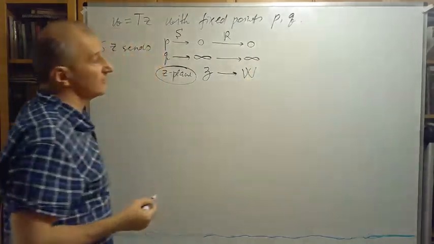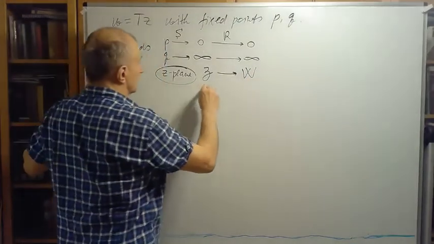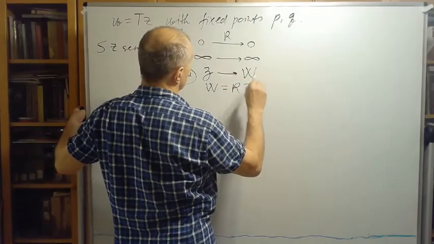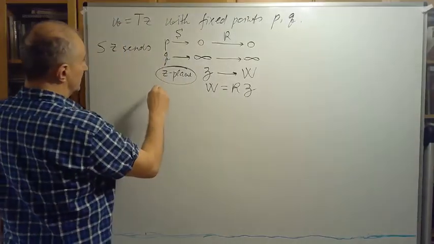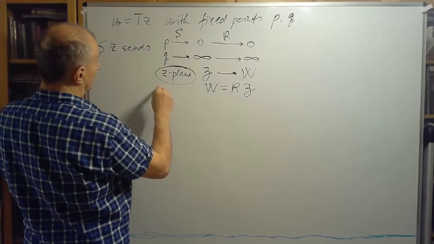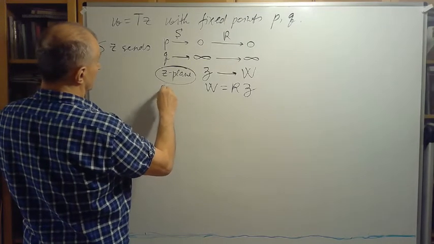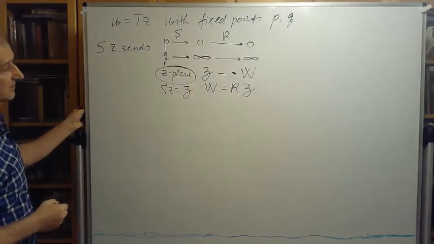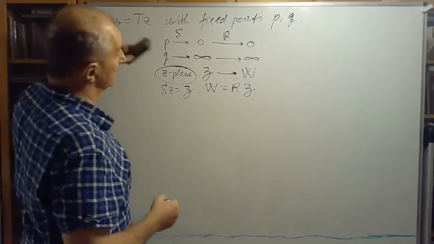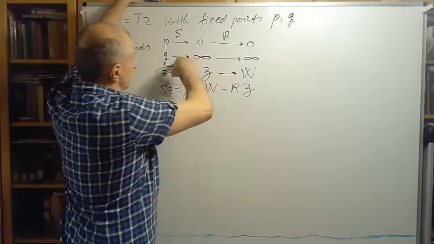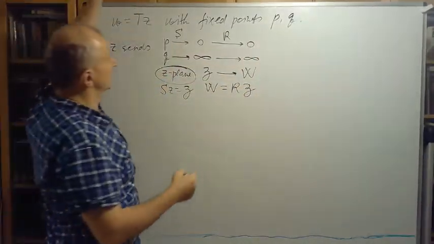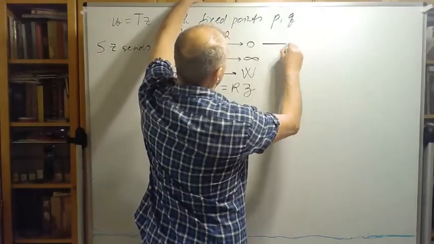It is the same plane, of course, but I just want to say that W is RZ. Yeah? Here, SZ is Z. Right? And these 2 points are mapped again to the Z plane, but we will call this variable W, what we obtain as a result of transformation T.